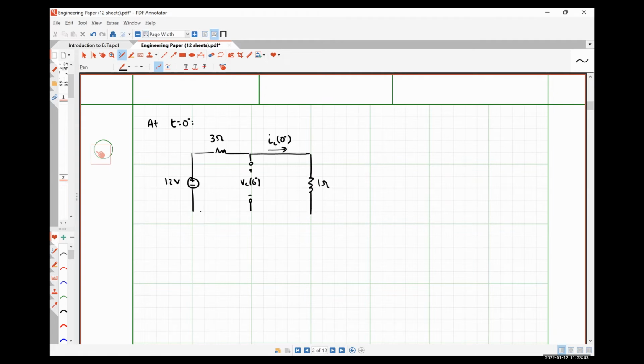And we have our 1 ohm resistor. And here is VL at 0 minus. Here is IC at 0 minus. And so we need to determine these quantities.